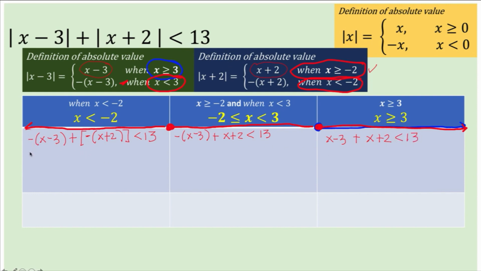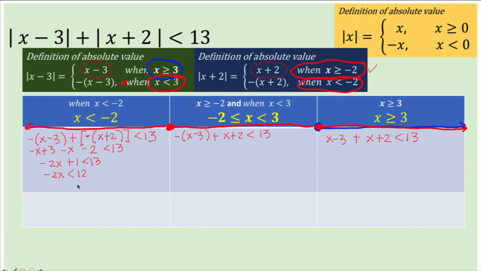So solving here, we have negative x plus 3. Then we can distribute this. Minus x minus 2 less than 13. And so we get negative 2x, 3 minus 2 is positive 1, less than 13. So negative 2x is less than, subtract 1 from both sides to get 12.